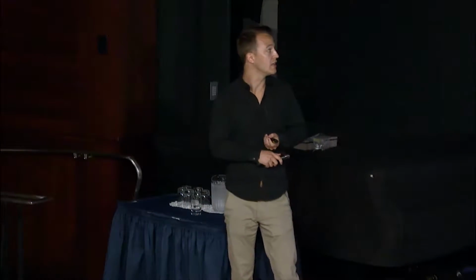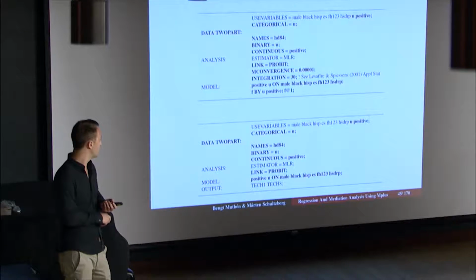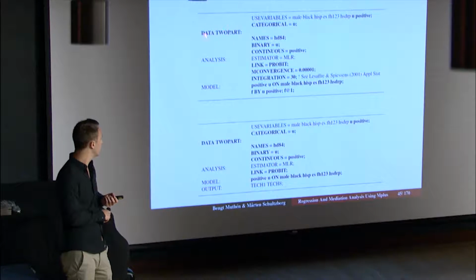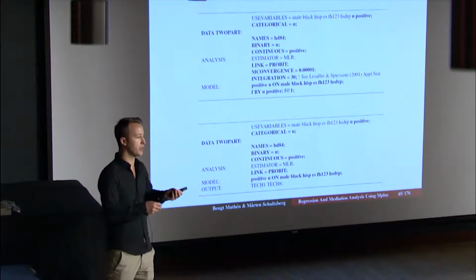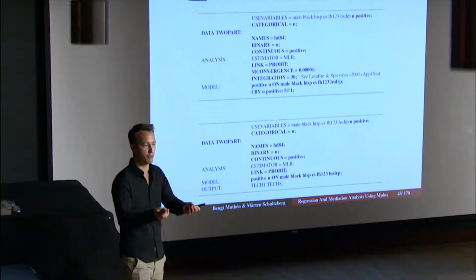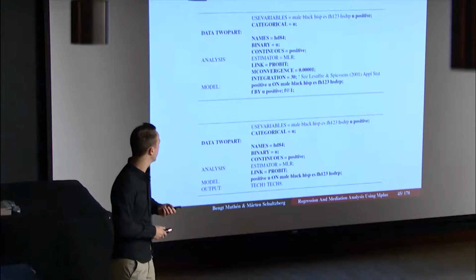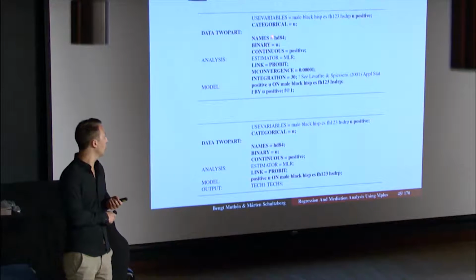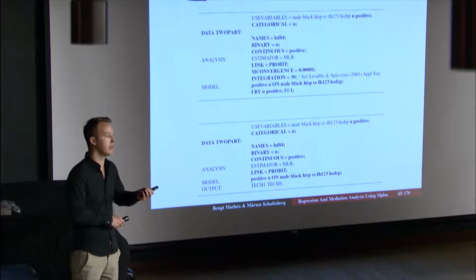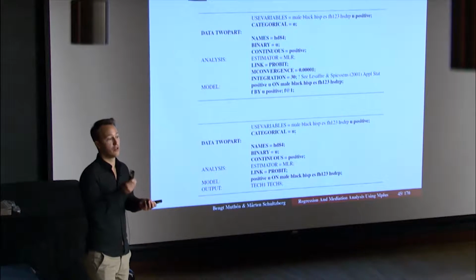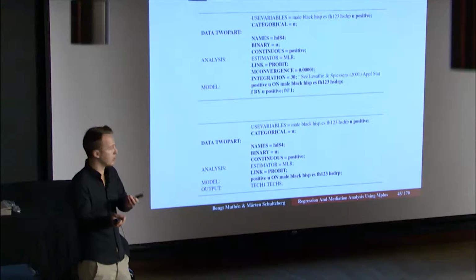But we're going to look at the data two-part command to start with, which is the same for both of these models. And what we do there is we state the data two-part colon for a command, and then we say names equal HD. So the variable that we want to create a binary and a continuous variable from has the name HD for heavy drinking. And then what we want to call the binary part. So we want to call the binary part U here. So U will be the variable that codes for if you have a value larger than 0 or not.